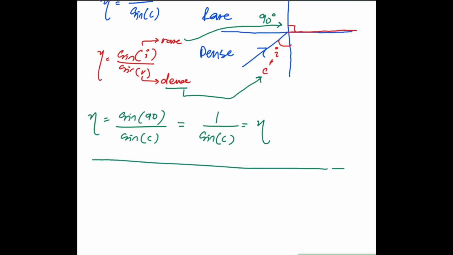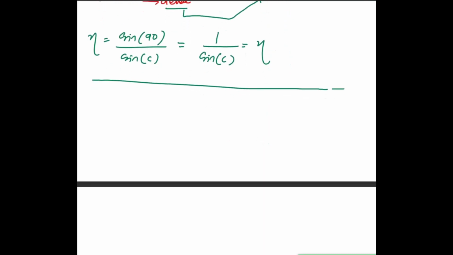And over here we can analyze one more point, and that would be that the refractive index is actually inversely proportional to the critical angle. What would that mean? It means that, for example, if we have a medium that has a refractive index of 1.5 and this one has a refractive index of 2.0.